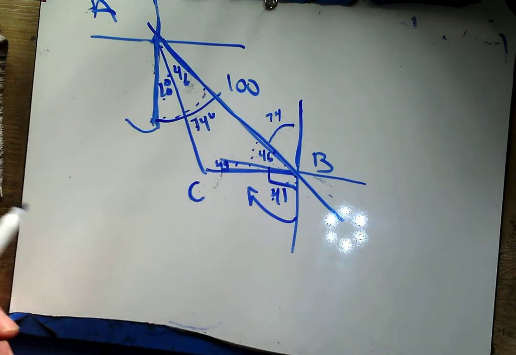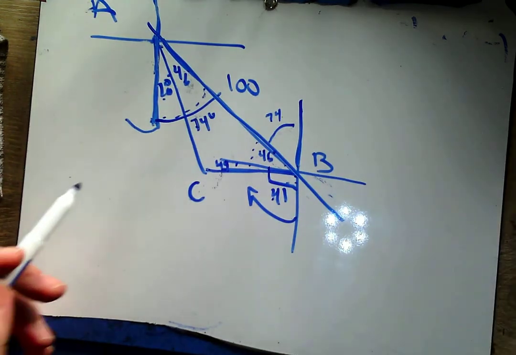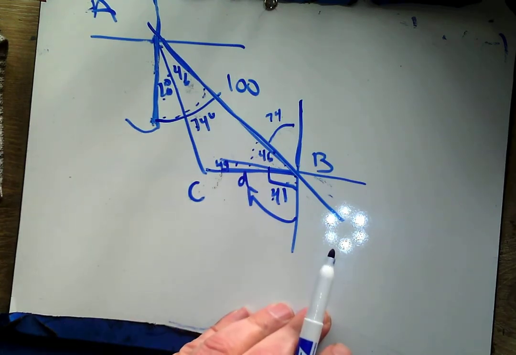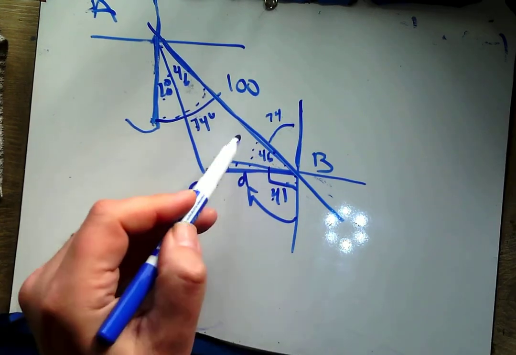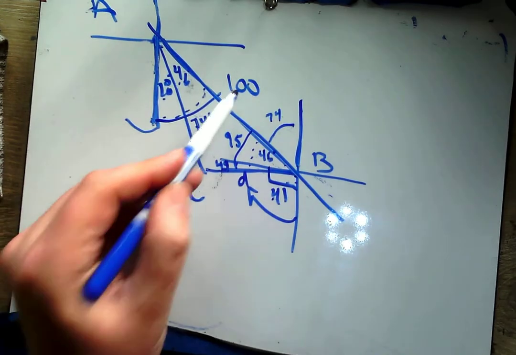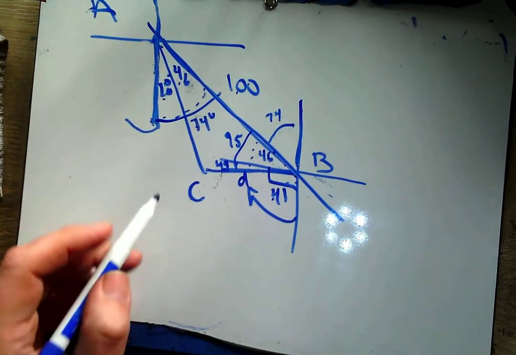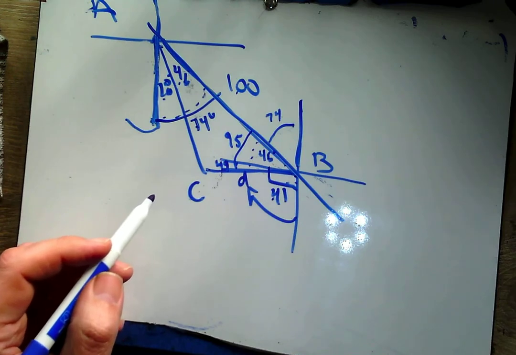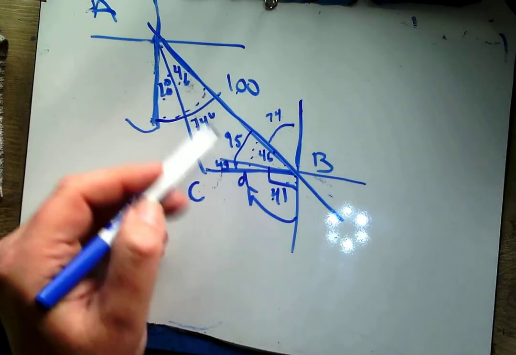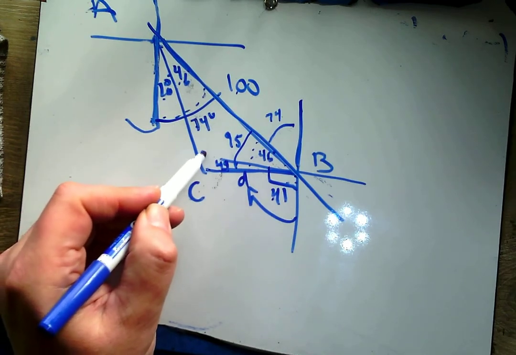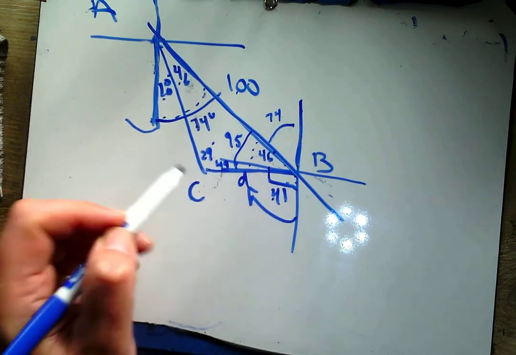Okay, so what is it that we're actually looking for here? We'll find the distance from B to C. All right, so I'm looking for distance. Okay, well, I've got plenty of angles now, right? So it's like 95 degrees here, and that's 46 degrees, and we have the 100 in between. Do I have an opposite side angle pair? Well, if I know those, 51, so this is 29 degrees.